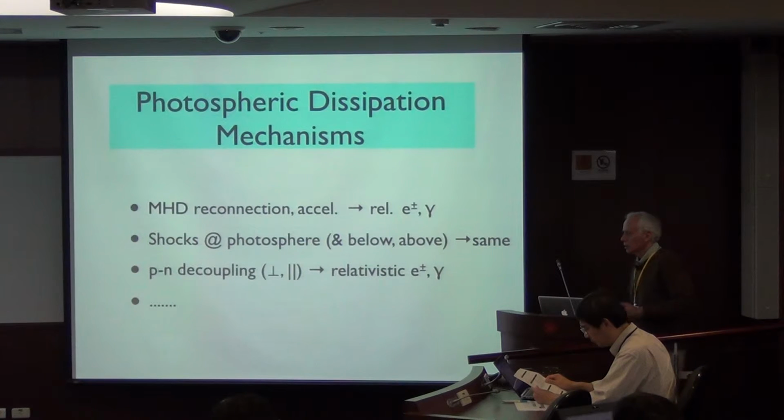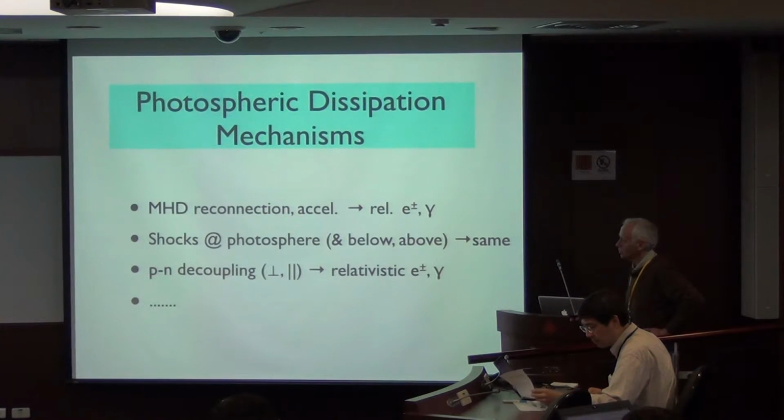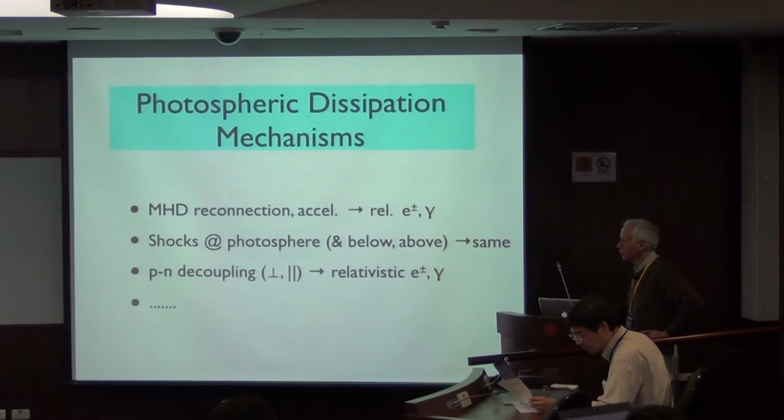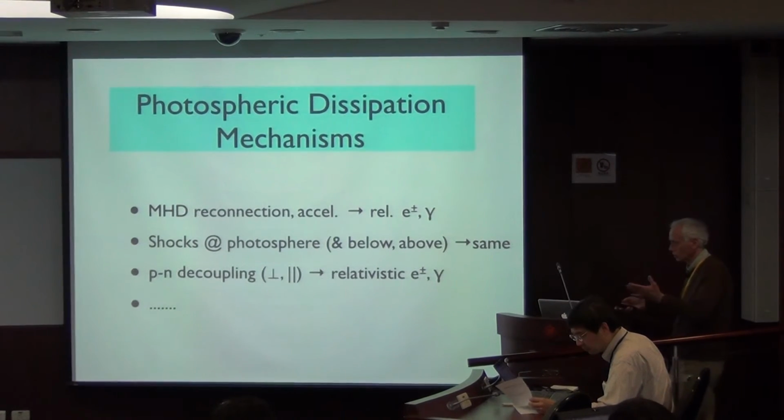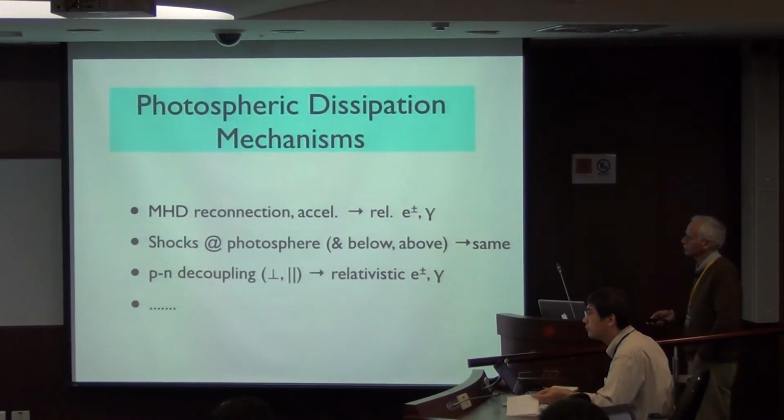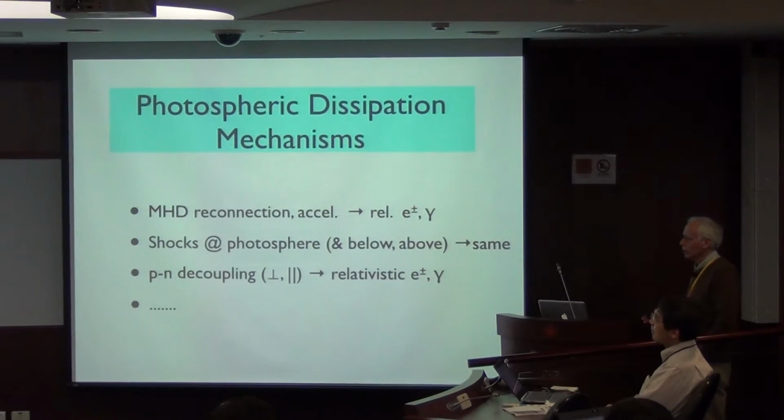So that's all fine, and to make this work, we need the photosphere to be dissipative, to have dissipation near the photosphere, and there are various possibilities for that. One of them is that there are magnetic fields, and you get reconnection of the magnetic fields, and when you get magnetic reconnection, you can accelerate electrons and positrons, and photons, etc. You will accelerate also protons if they are present.